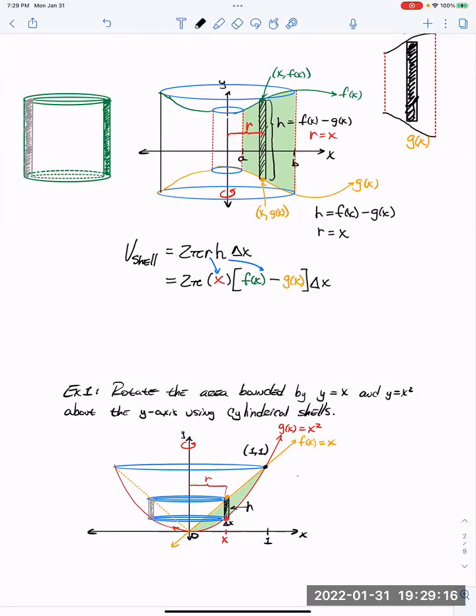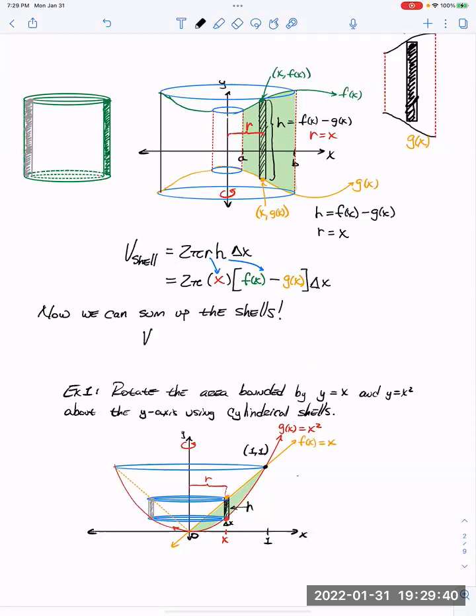All right, so now we can sum up the shells. How do we do that? We have an integral, and this is basically your formula.